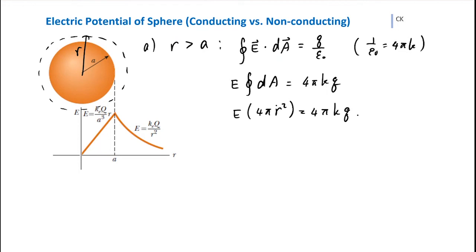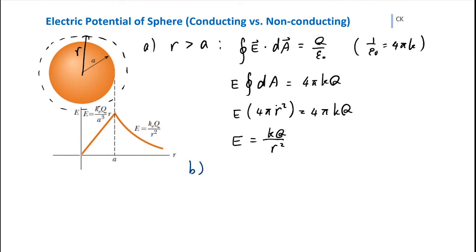Dividing both sides by 4 pi r squared, we have electric field strength E equals kQ over r squared, which tells you that this behaves exactly like a point charge at the center. That's not surprising because the electric field goes out in uniform direction. Good?